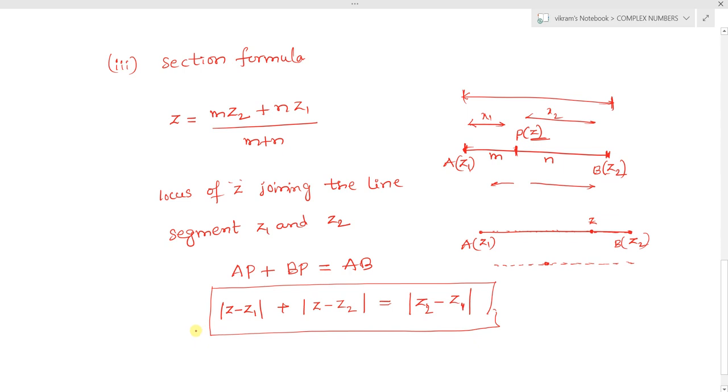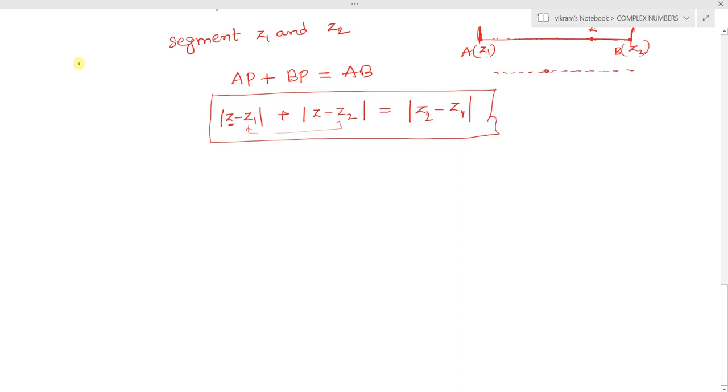If mod of Z minus Z1 plus mod of Z minus Z2 equals mod of Z2 minus Z1, then it represents the locus of Z joining the line segment Z1 and Z2. So Z has to lie in between A and B. It always moves on the line segment AB.